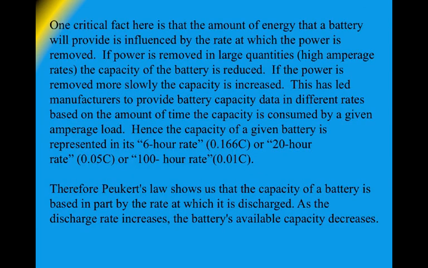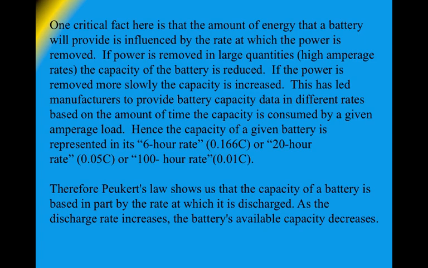The critical fact here is that the amount of energy that a battery is going to provide is influenced by both the rate at which the power is removed and the depth to which it is discharged. If we take the power out of the battery in large quantities at high amperage rates, the capacity available in the battery is reduced.